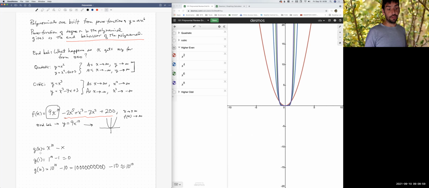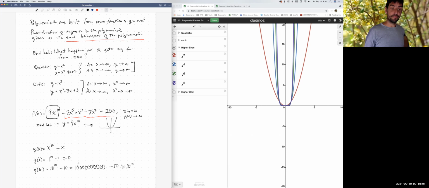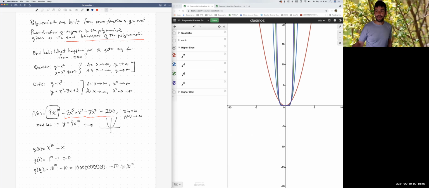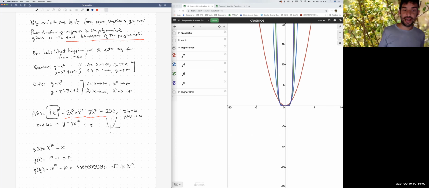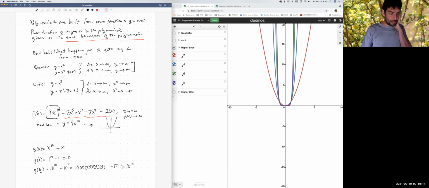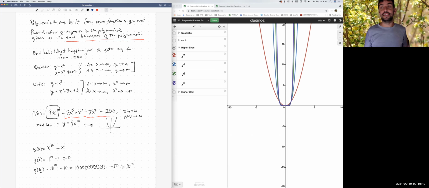So even though the function has this x that matters when x is small, as soon as x gets big, it barely tells us anything about what's happening to the function, and that leading term really dominates. It doesn't matter if this next term is x to the 9th.